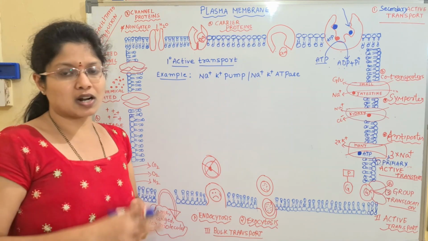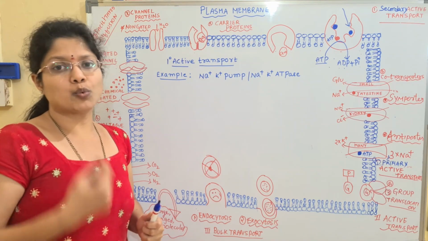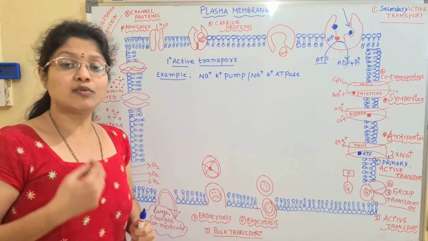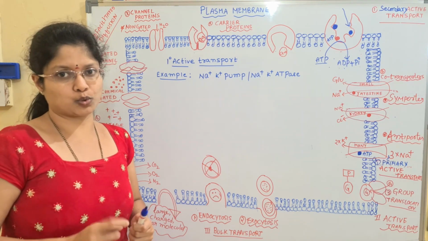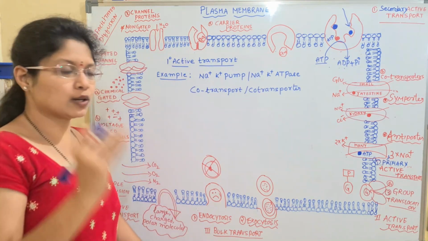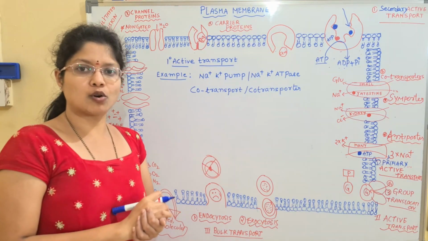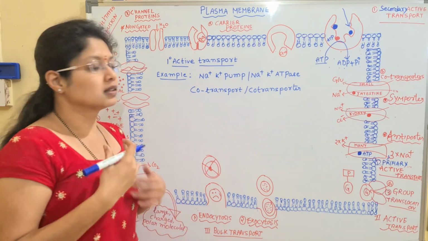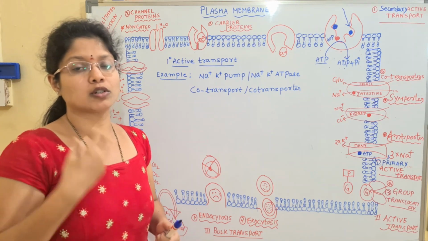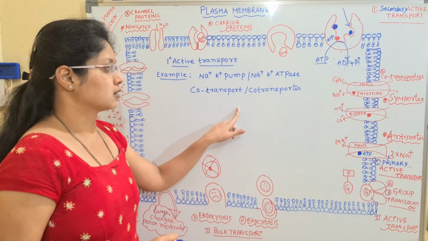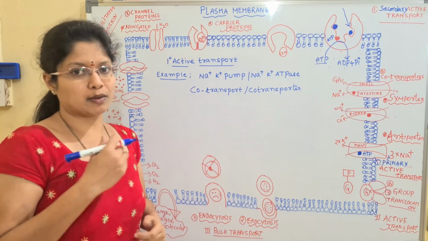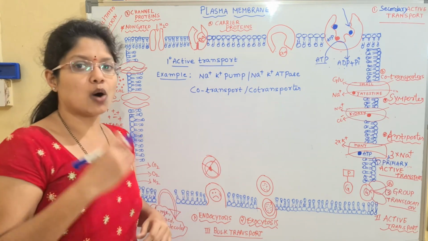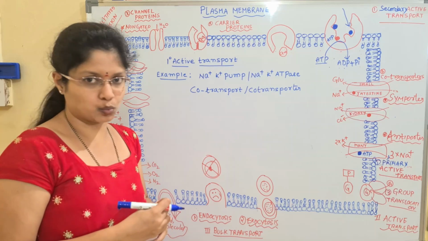Such a transport where more than one molecule participates, we call a co-transport, and the protein involved in this co-transport is called the co-transporter. As I told you before, the system operating for this co-transport we call the co-transporter protein molecule.